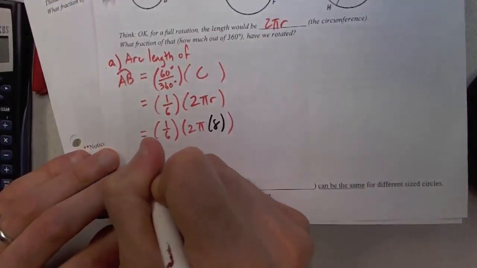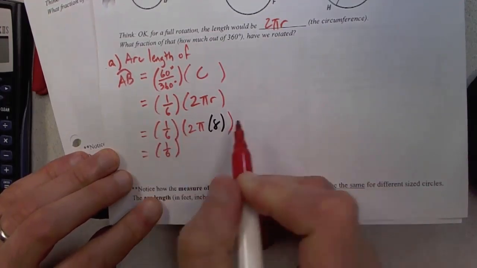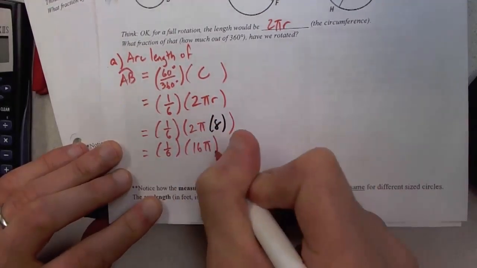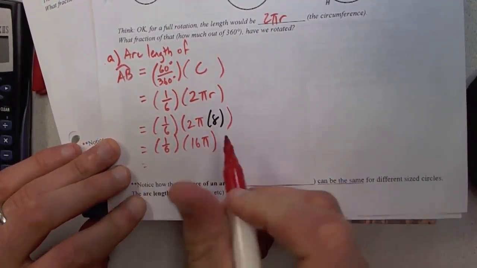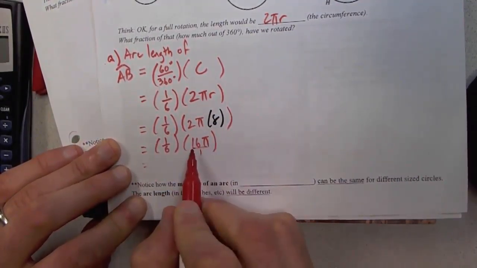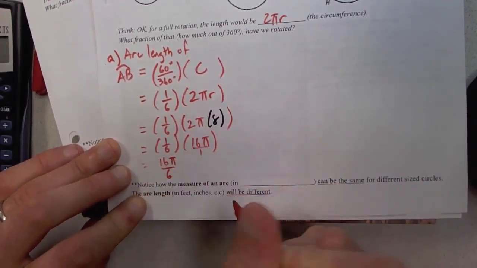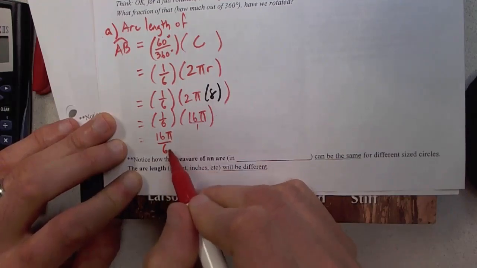Okay. So it's 1/6 of 16 pi. I could put centimeters here, but I'll just do it on the next line. You can combine this, remember, because this is like 16 pi over 1, so it's really just 16 pi over 6.